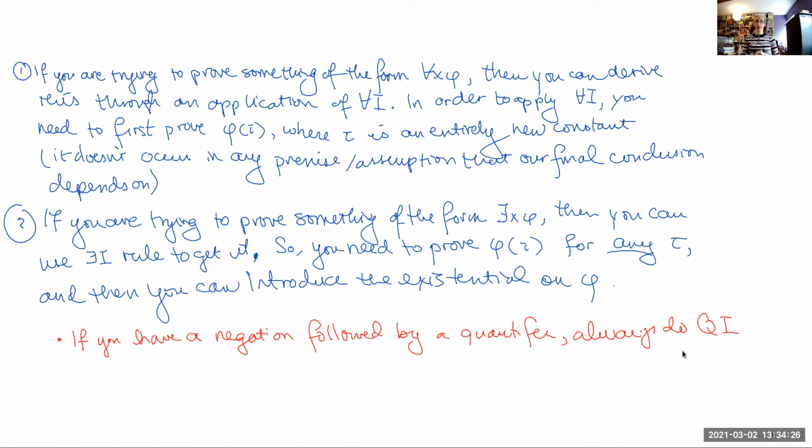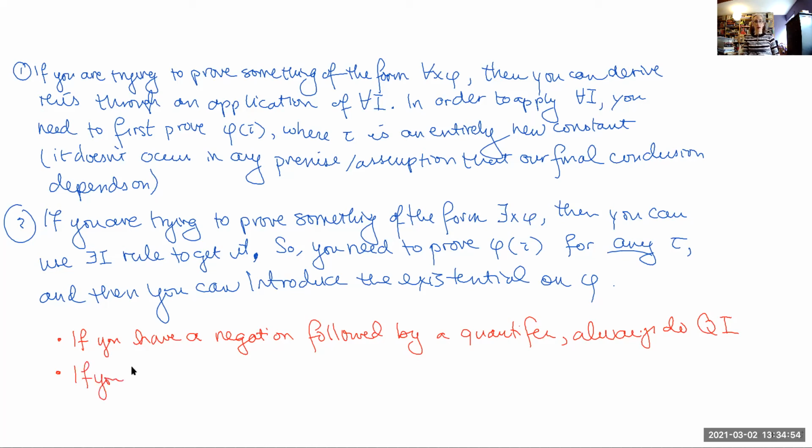It'll make your life easier. Try to drive that negation through the formula until it is as close to the atomic formulas as you can possibly get it. It will make your life so much easier. So you can do this with quantifier interchange for moving it across quantifiers, but then you can also use De Morgan's laws and double negation and all of these things that we had at the propositional level. We still have them in predicate proofs.